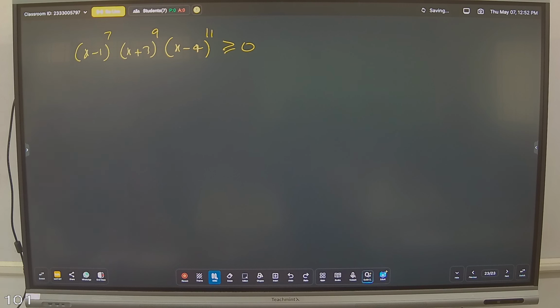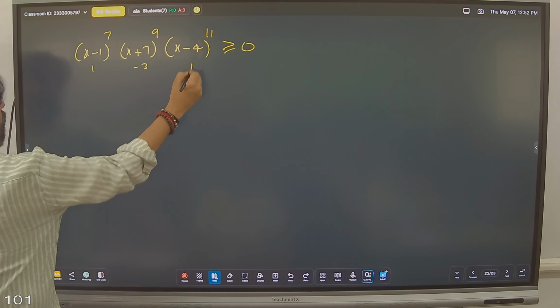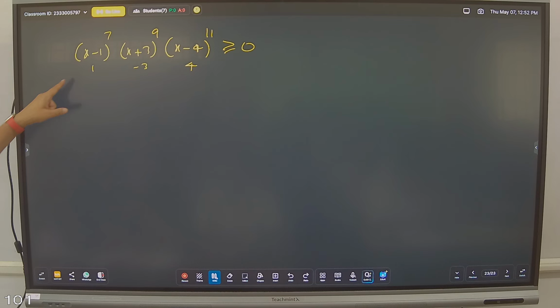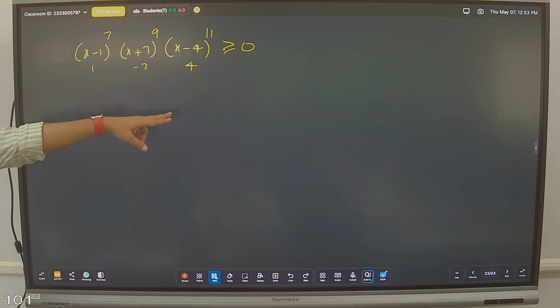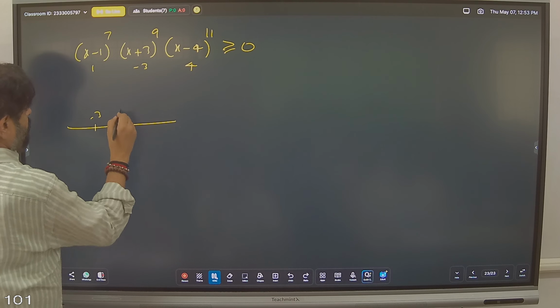Now the coefficient of x must be positive, already positive. Then find the critical points: this is 1, this is minus 3, this is 4. One is repeated how many times? So it's a normal critical point. This is also normal. It means there is no repeated critical point, so the same procedure, no change.